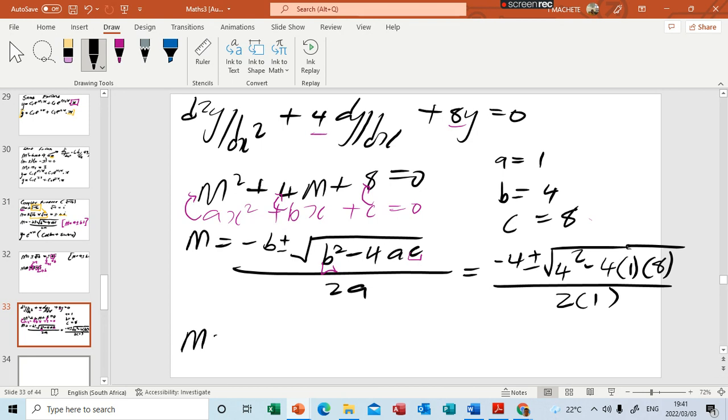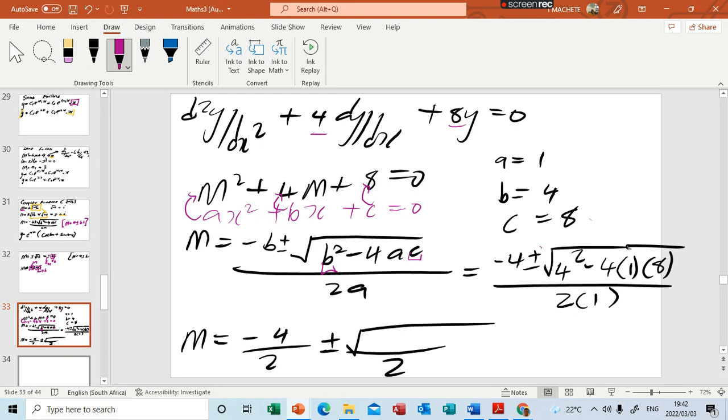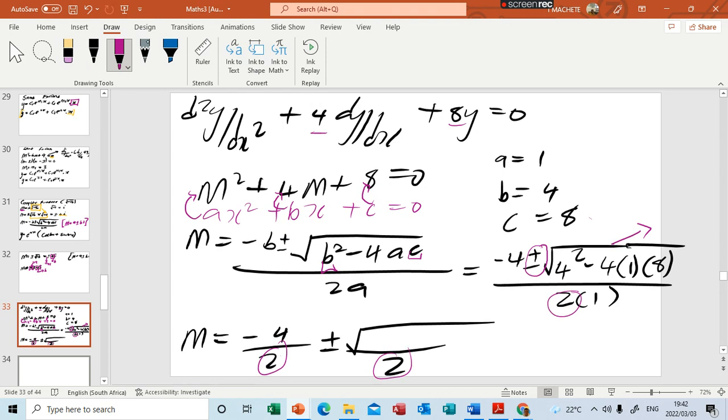So your m will be equals to minus 4 over 2, plus or minus the square root over 2. I'm splitting this thing into half, guys, and there's a reason why I'm splitting it: I'm going to get a negative square root here. So you split it like this. This 2 is this one, and this one also. That's your LCM.